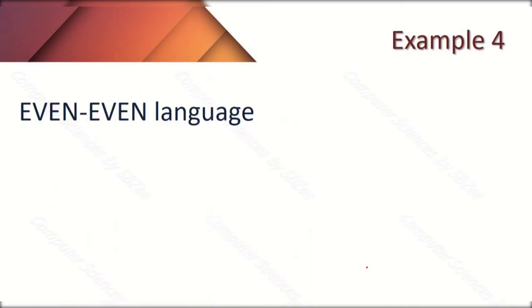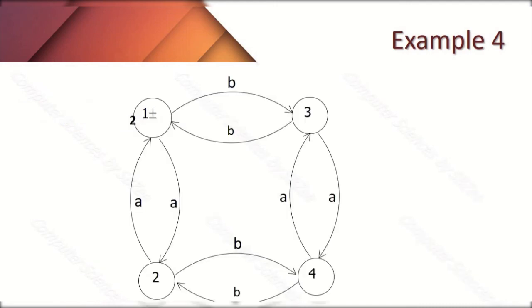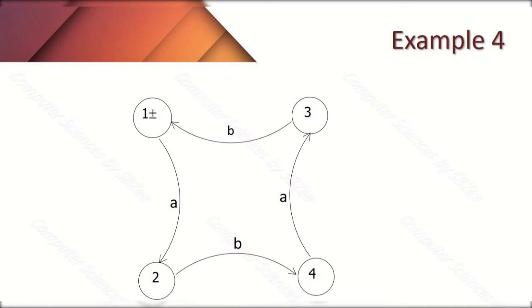Now consider another example of even language. Even means even number of A's and even number of B's. That is the full finite automata for even language. Let's start its building.